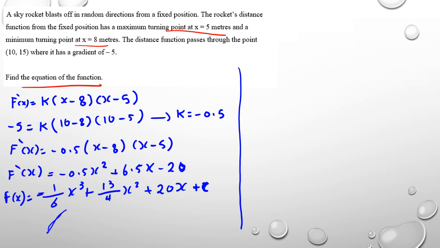Now remember this piece of information, the function passes through (10, 15). So it means (10, 15) satisfies the equation of the function. So I'll substitute 15 instead of f(x) and 10 instead of x to find the value of c.